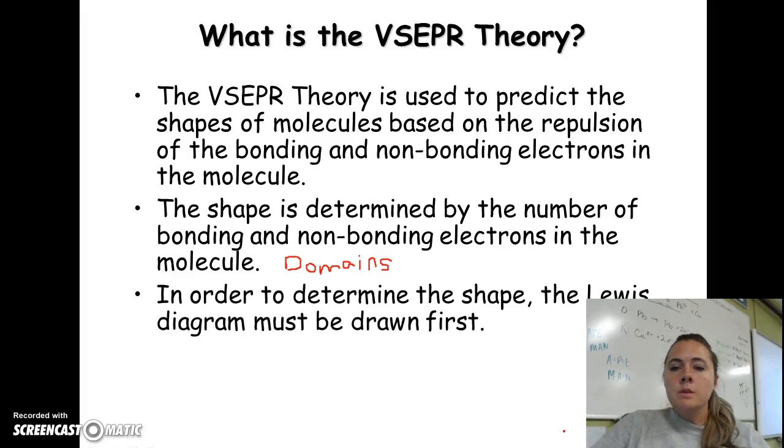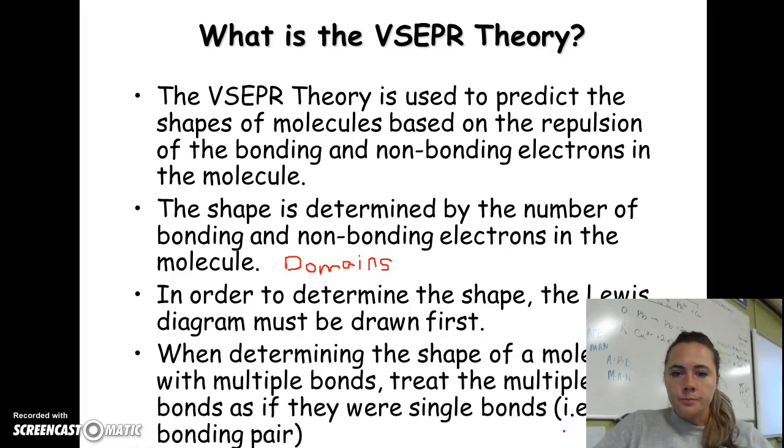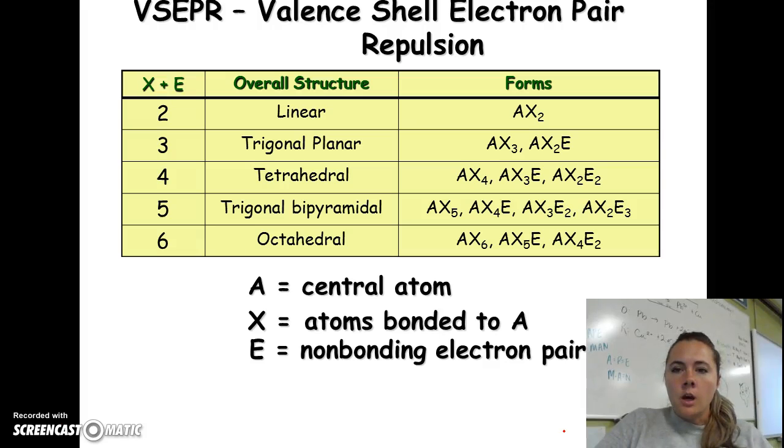In order to determine the shape, you must first draw the Lewis diagram. Whenever we're drawing the Lewis diagram, treat multiple bonds as if they were one domain. So, here are the overall structures. A in any of these is going to represent the central atom, X is going to represent a bonding atom, and E is going to represent a lone pair or a pair of non-bonding electrons.